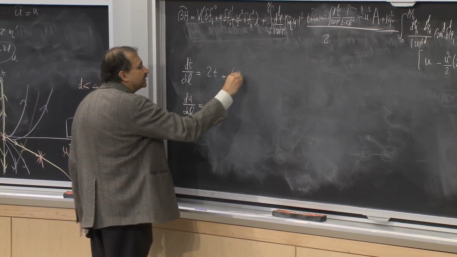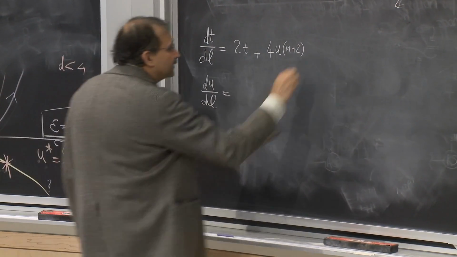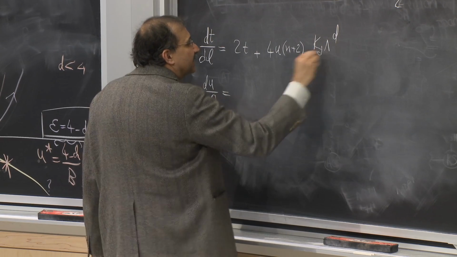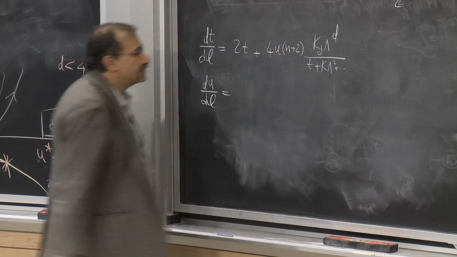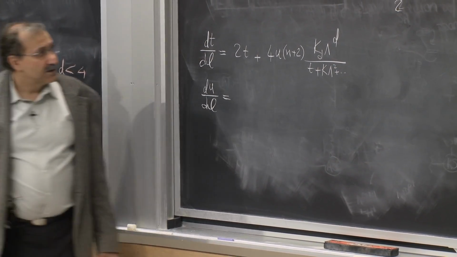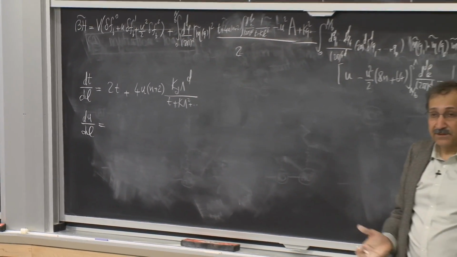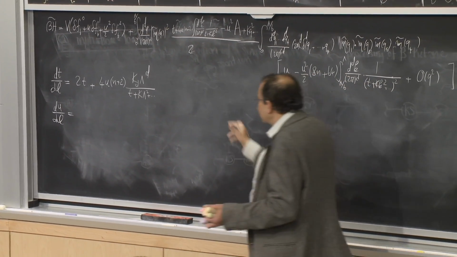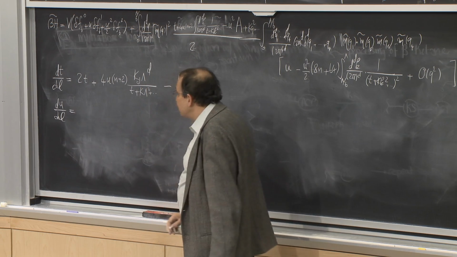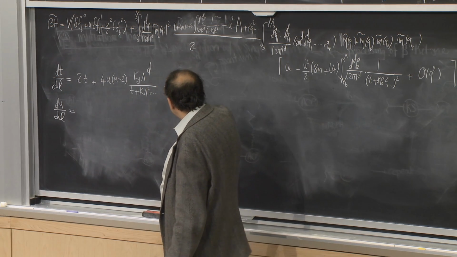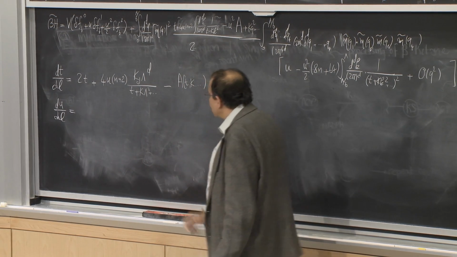First order is a correction for u n plus 2 integral, which when evaluated on the shell gives me kt lambda to the d, t plus k lambda squared, and so forth. Now, this a here would involve an integration. Again, this integration I evaluated on the shell. So the answer will be some a that will depend on t, k, and other things, would be a contribution that is order of u squared.